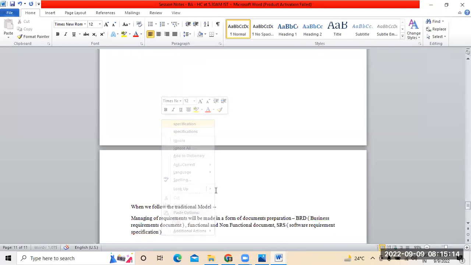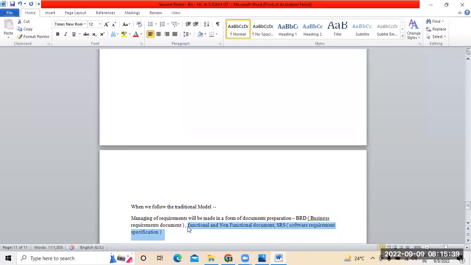Second, functional and non-functional requirements. Third, software requirement specification. Usually, we don't prepare the functional and non-functional requirements as a separate document; they are incorporated in the SRS itself. Normally, we incorporate that in the software requirement specification. That's how we generally follow the procedure.